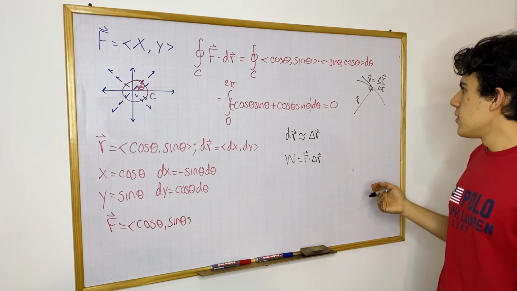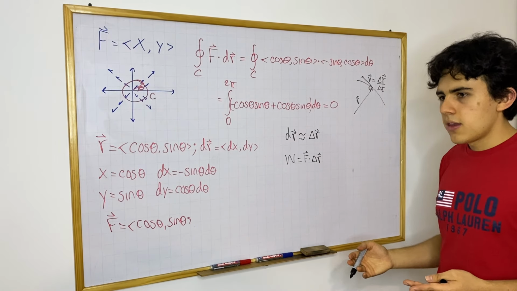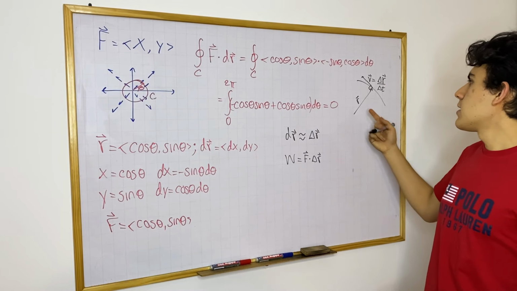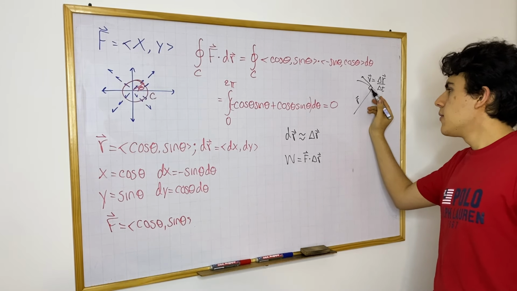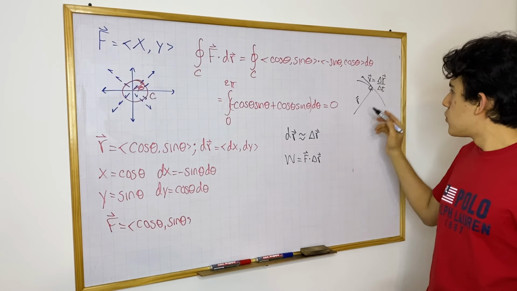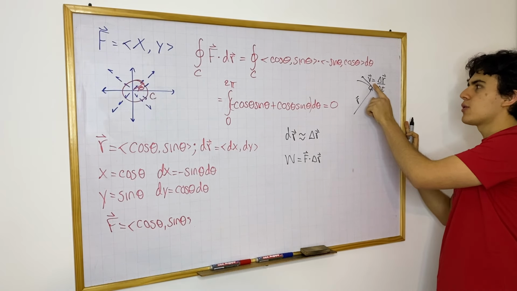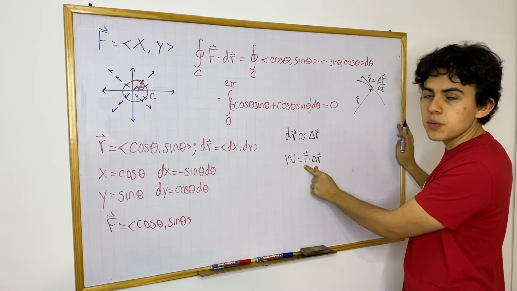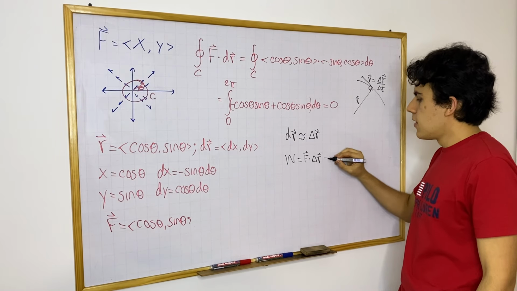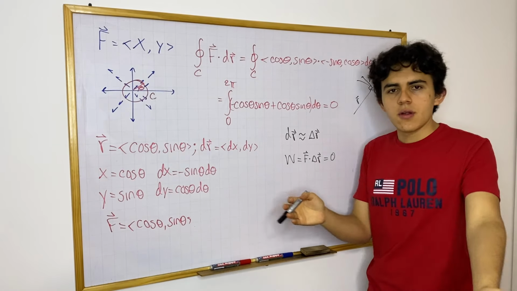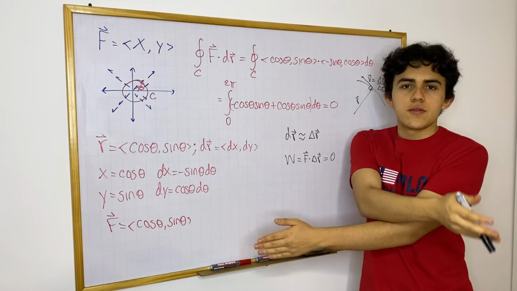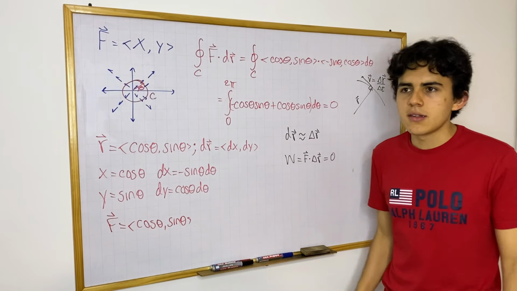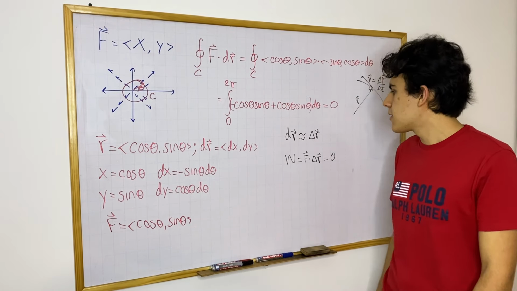That means f has the same properties as r, so because r is perpendicular to v, f is going to be perpendicular to v. And because f is perpendicular to v, it will also be perpendicular to delta r, which means these two will be perpendicular to each other. And if two vectors are perpendicular to each other, their dot product is zero. So this is a way you can look at it from physics.